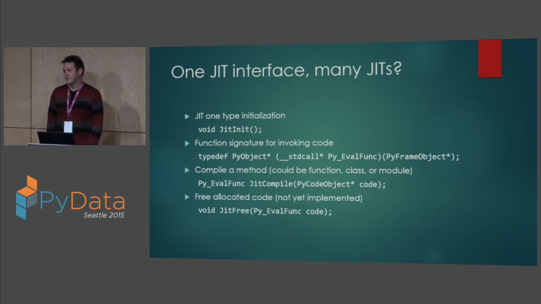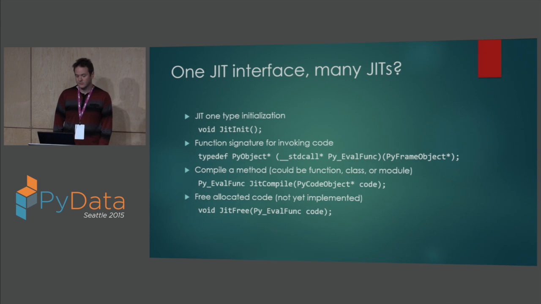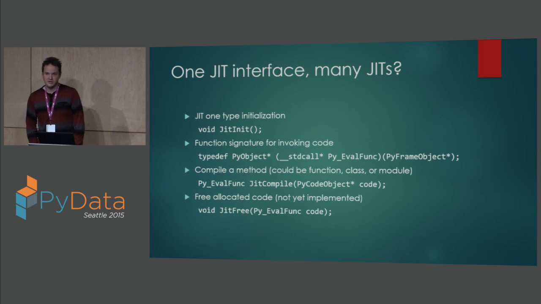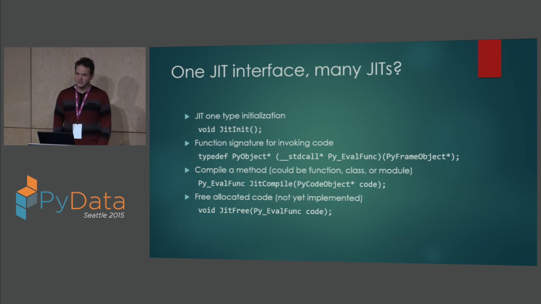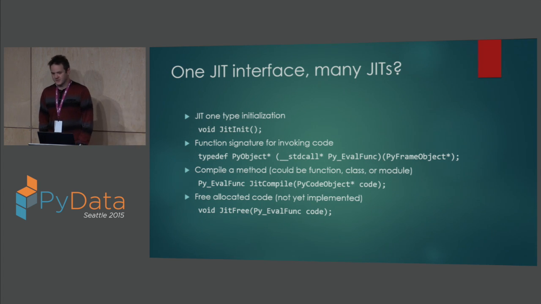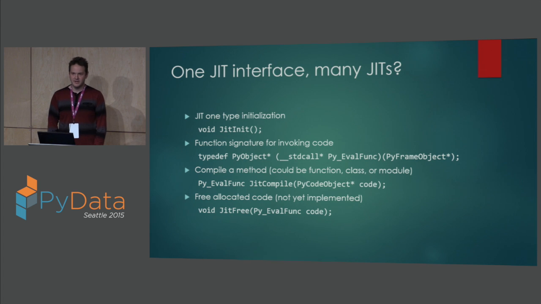There's a function to eval a piece of code that has been compiled. And so when you compile a piece of code, you get a PyCode object and return this function pointer that CPython can call in place of doing its normal eval. This takes a frame object, and that might seem a little bit weird in that really to get good performance out of a JIT, you want to get rid of the frame objects entirely.